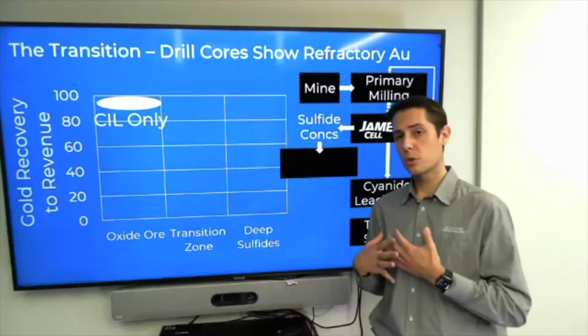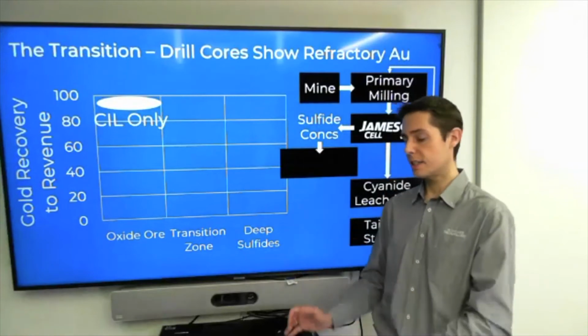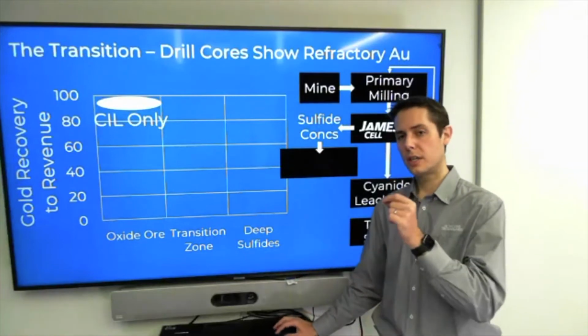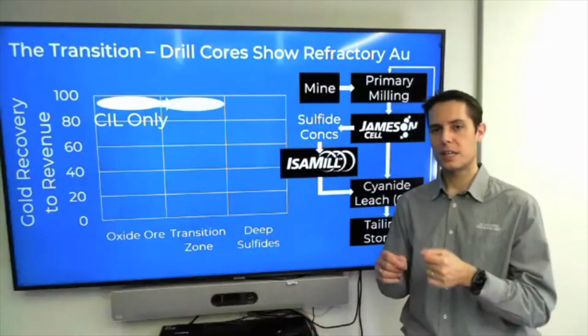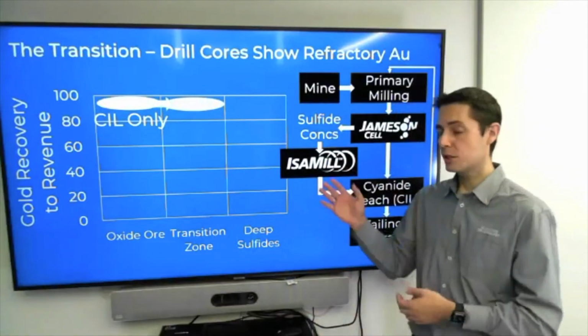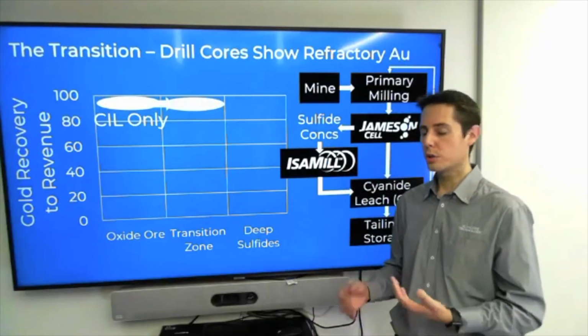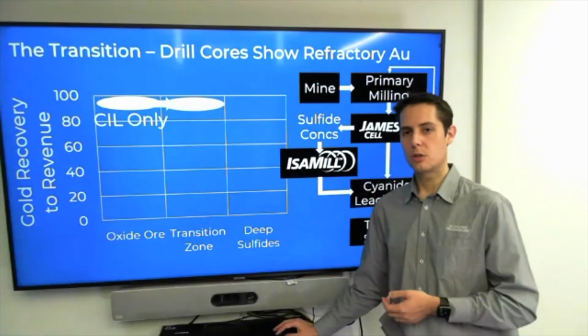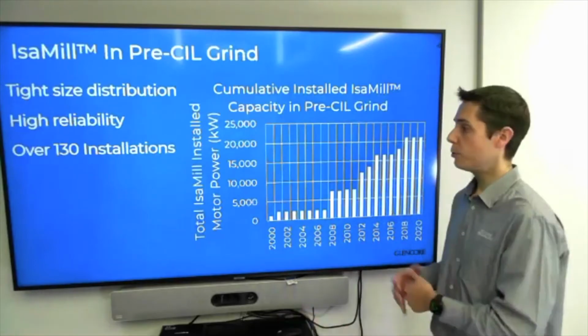And so here at Glencore Technology, what we look at is a staged approach. We consider, what is the next way to understand whether we can maximize the recovery through our CIL circuit? And that's where we look at implementing our ultrafine grinding IsaMill technology. So why would we be implementing this?